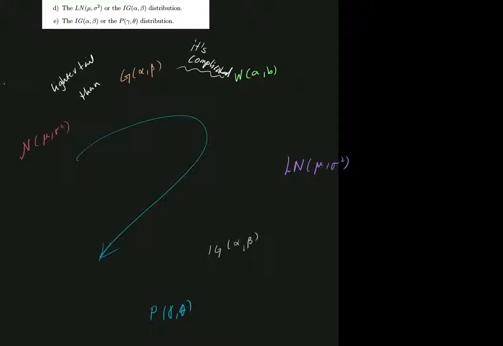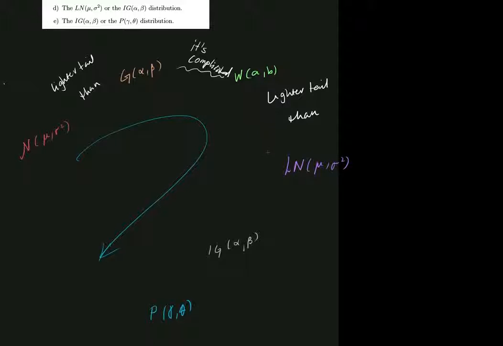When we compare the Weibull distribution's tail with the log normal distribution's tail, quite readily it is shown using L'Hopital that the Weibull distribution's tail is lighter. So the Weibull distribution has a lighter tail than the log normal distribution.